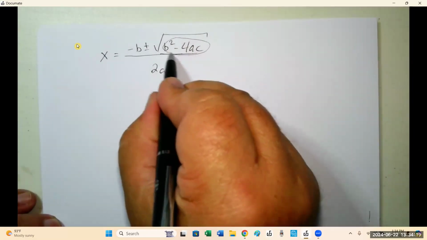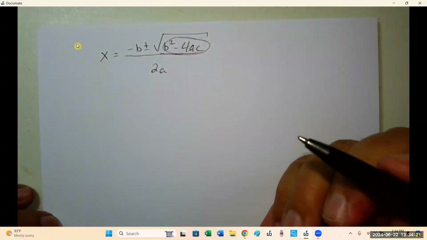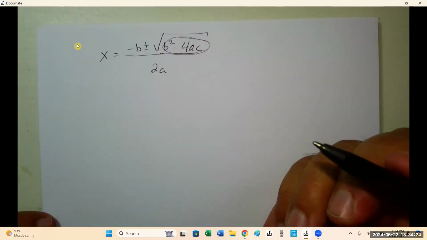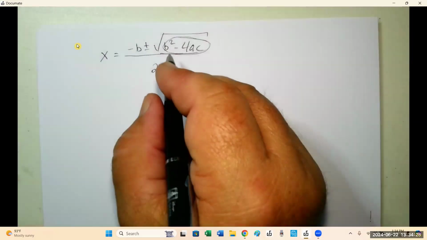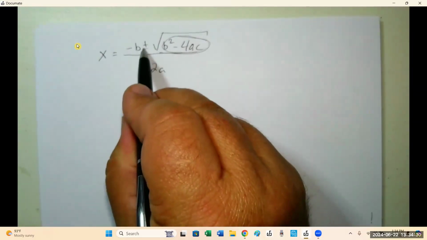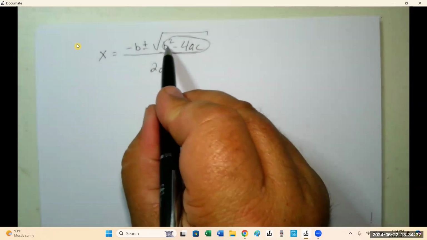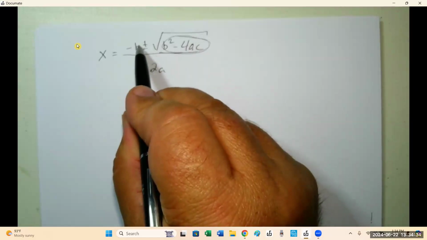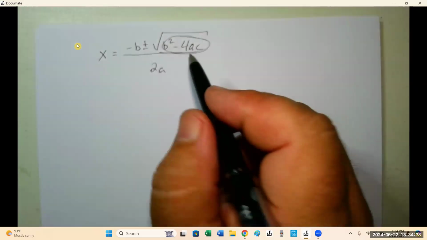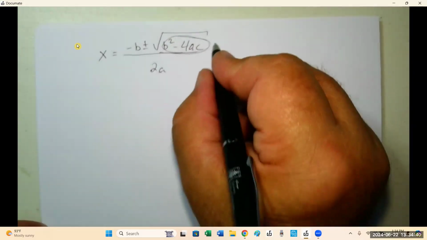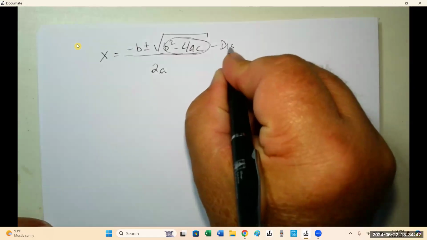This number inside here was pretty important because it told us how many real solutions we're going to get. If it was positive, we'd have a plus or minus, so it's two possibilities. If it's 0, then it's just negative b over 2a. If it's negative, we're going to have no real solutions because they'll be imaginary. That was called the discriminant.